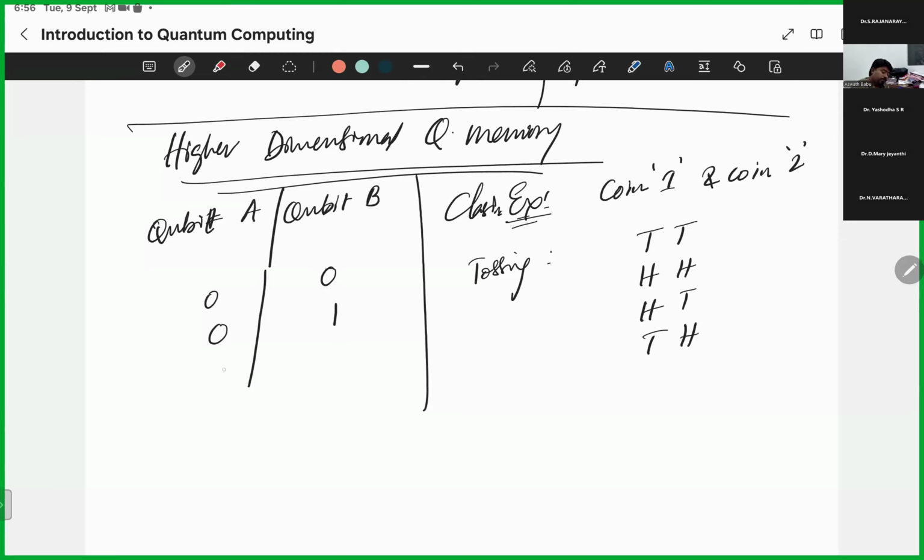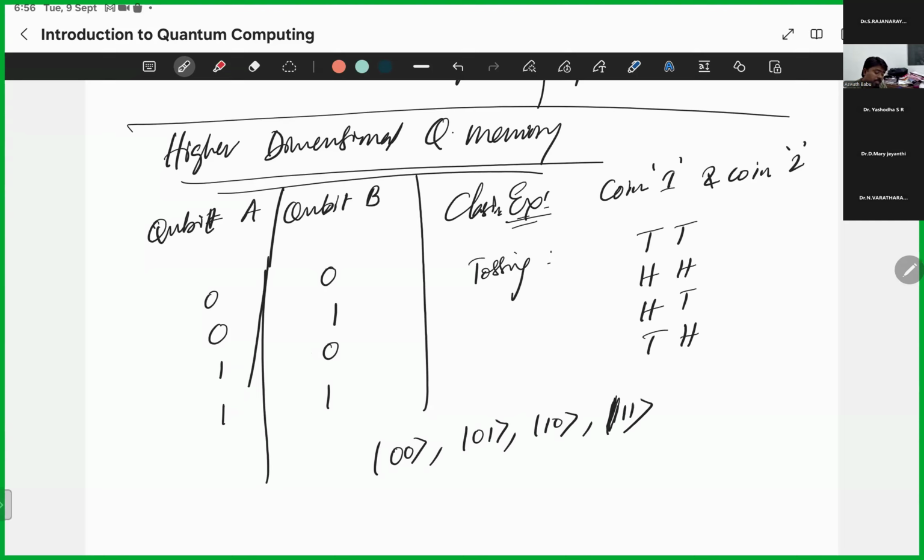So 4 memory locations are created: 0 0 ket, 0 1 ket, 1 0 ket, 1 1 ket.